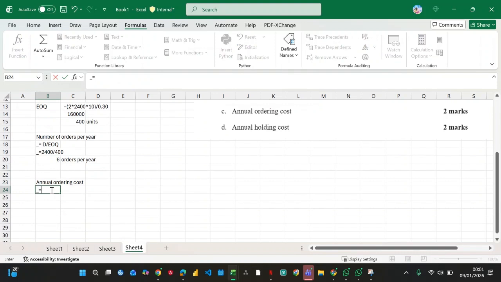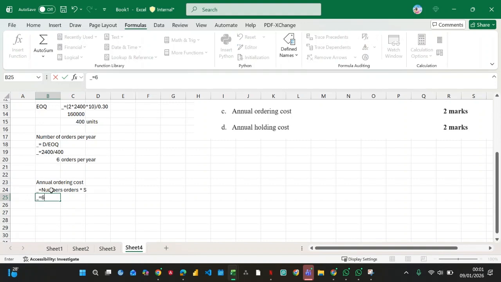Do you understand? So this is going to be equal to the number of orders multiplied by S.